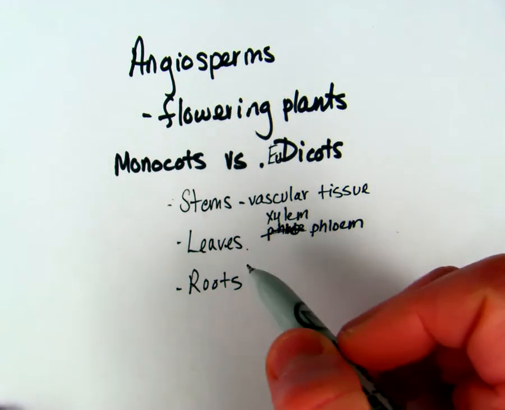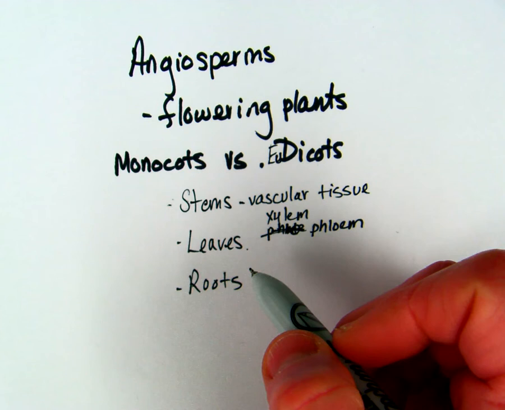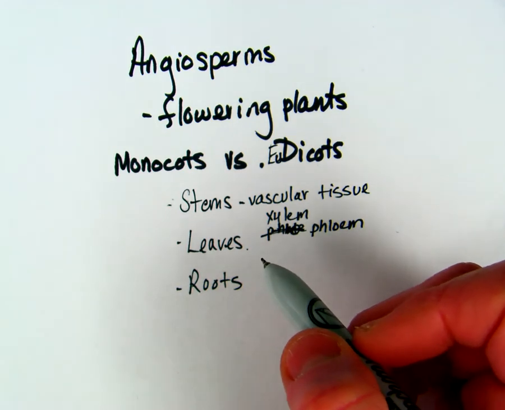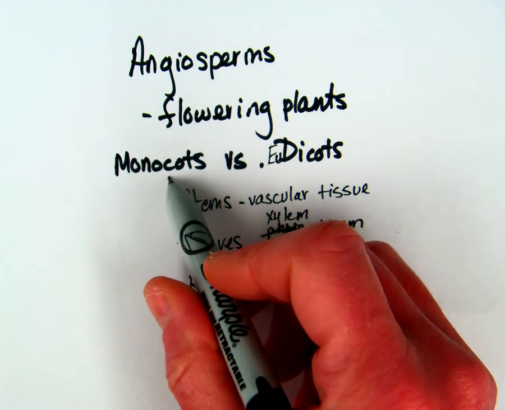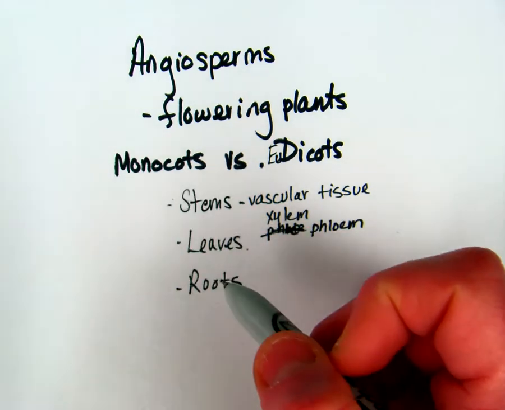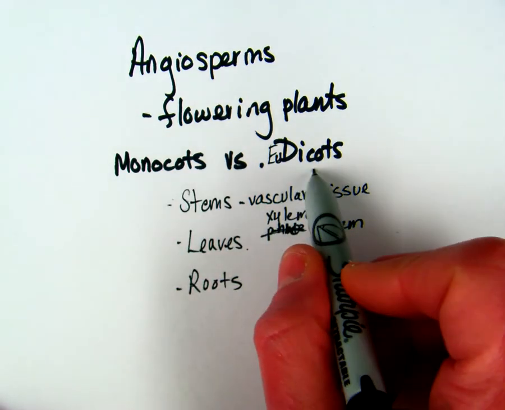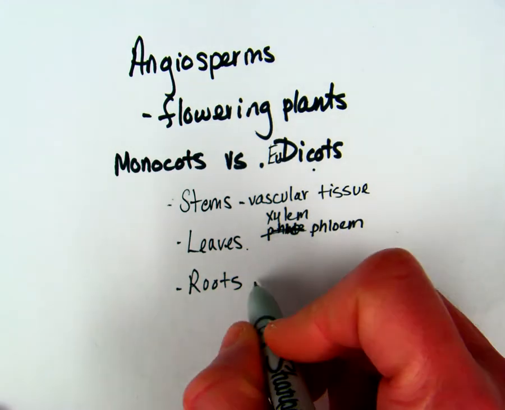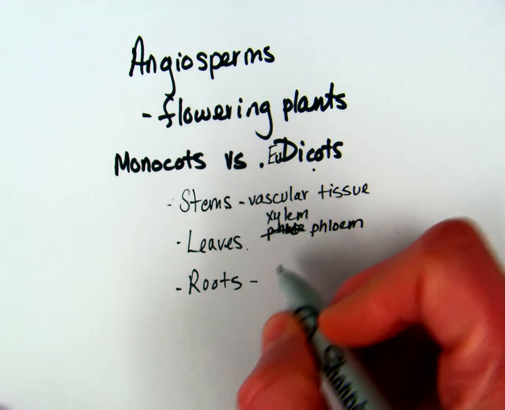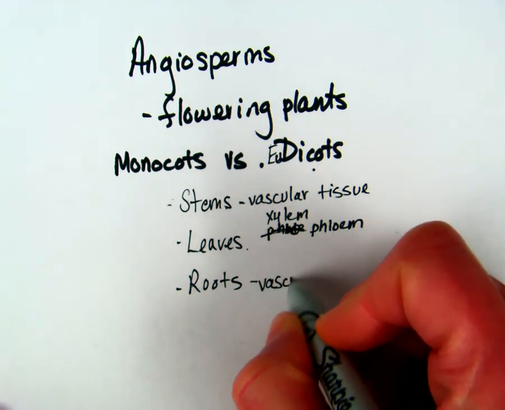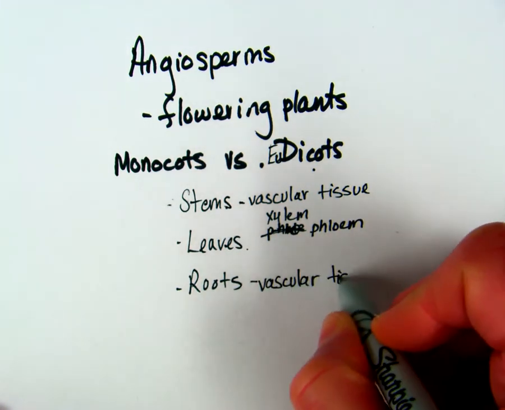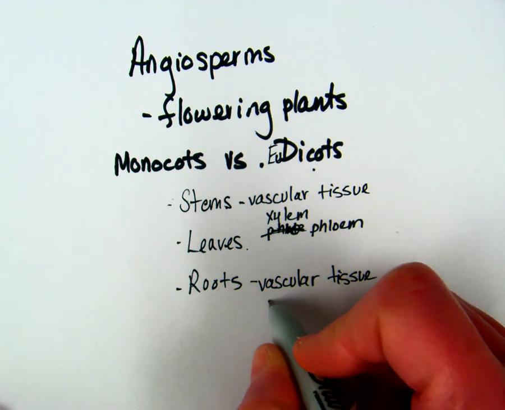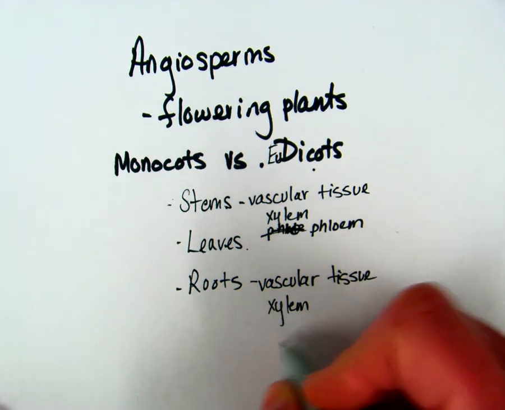The leaves are very evident in what we call the venation, which is really the way the veins run. If you're a monocot, they are very straight and parallel. If you're a eudicot, they are branched and complex. And then the roots, like the stems, have a difference in vascular tissue that helps us tell the difference. So again, xylem and phloem.